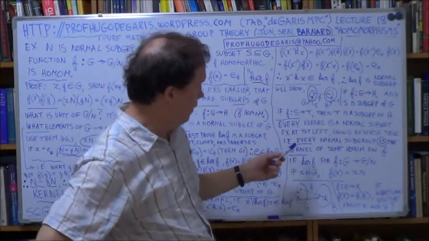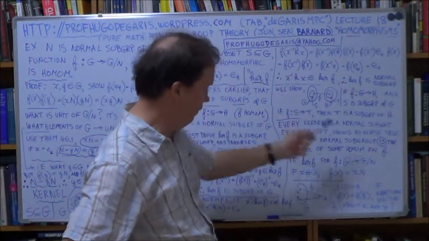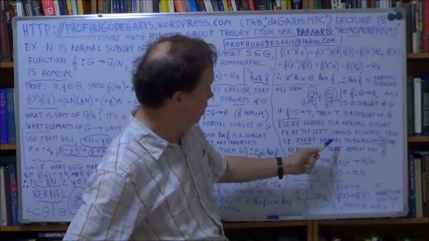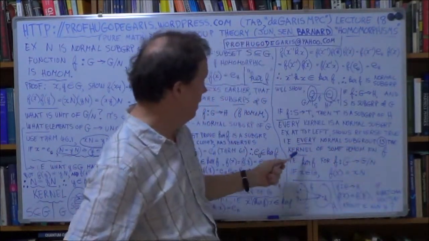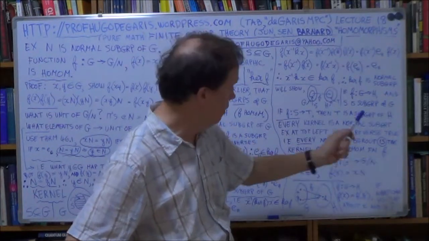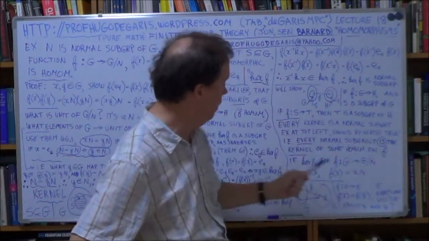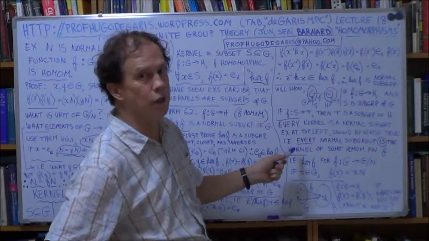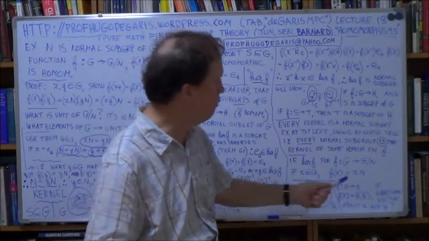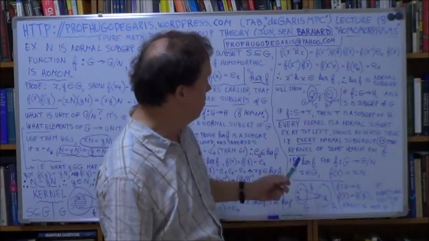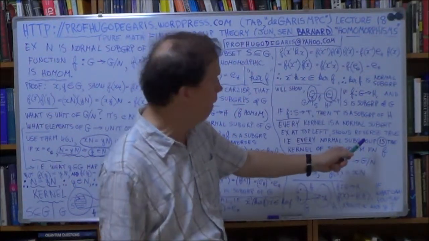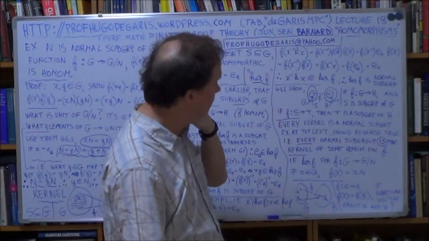It's a result in homomorphism theory, in fact, that every normal subgroup is the kernel of some homomorphic function. So every normal subgroup acts as a kernel for some function f. You can find some function f that makes every normal subgroup of G a kernel.